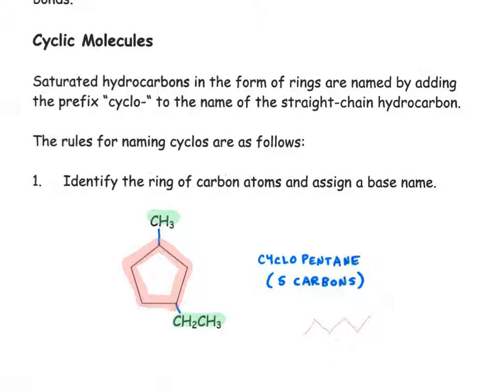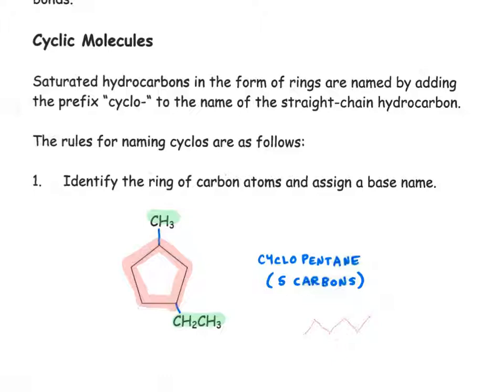We're going to keep things fairly simple in this course, and in this situation here with alkyl side groups, we're trying to go alphabetically. So we're going to give our ethyl side group a lower number than our methyl side group.